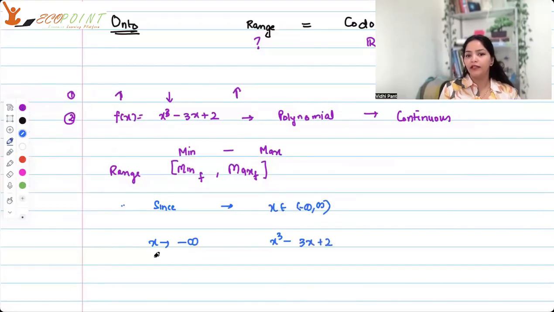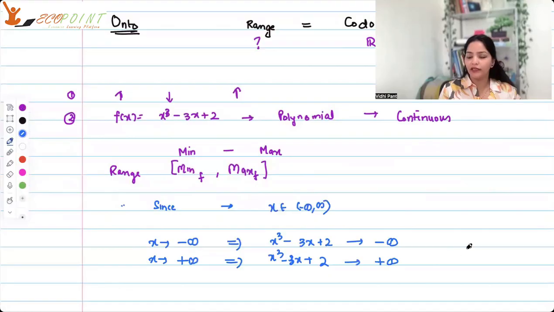Can you see that as x is tending towards minus infinity, x cube minus 3x plus 2 will also go to minus infinity because it's an odd power? So you will be generating minus infinity only. And as x is tending towards plus infinity, this entire expression will also go to plus infinity.